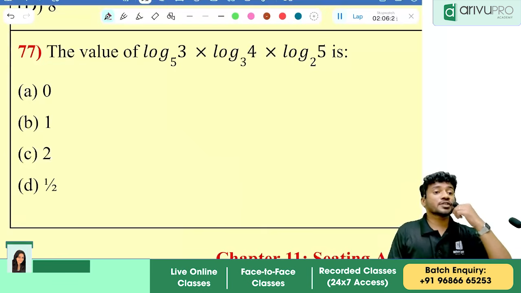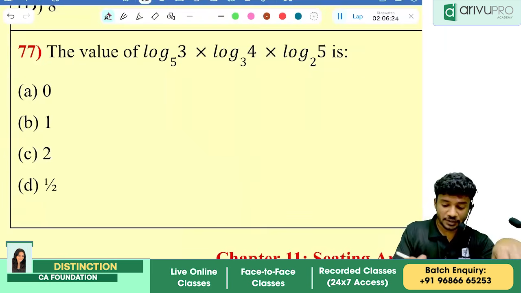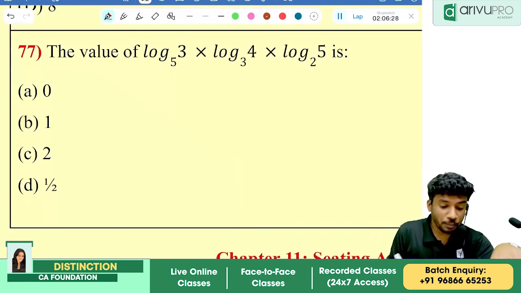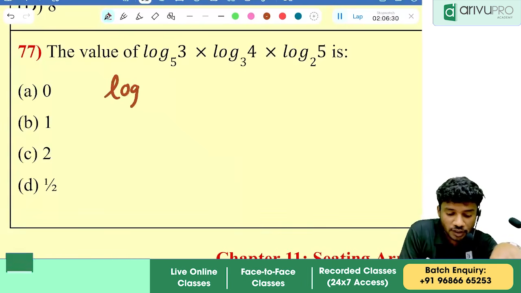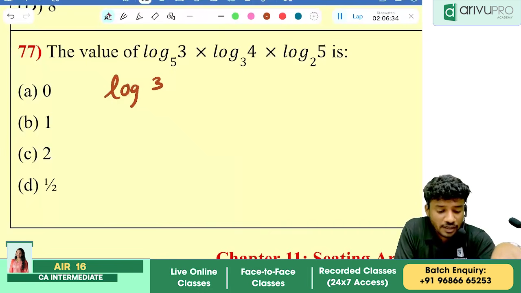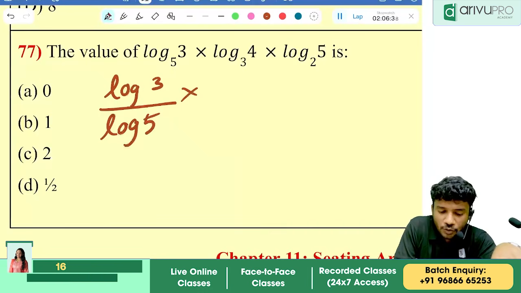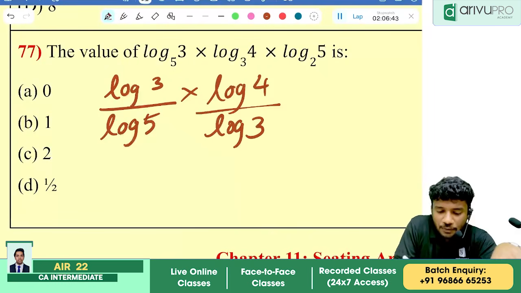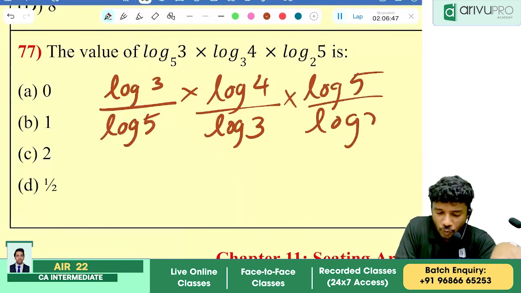With this, I will teach you the next property of logarithm. This property is called splitting the base. Log 3 to the base 5 I will write as log 3 divided by log 5, into log 4 divided by log 3, into log 5 divided by log 2.